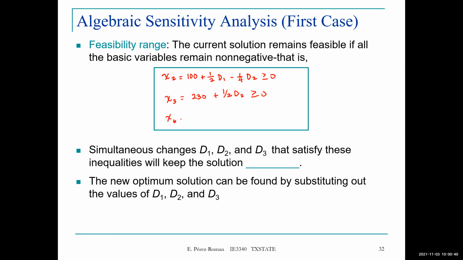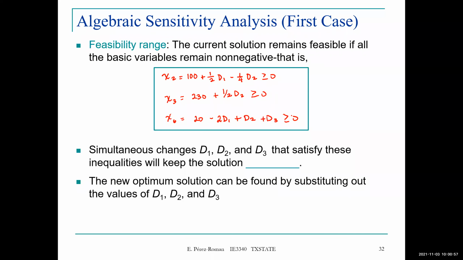And x6 equals 20 minus 2d1 plus d2 plus d3 is greater or equal to 0.